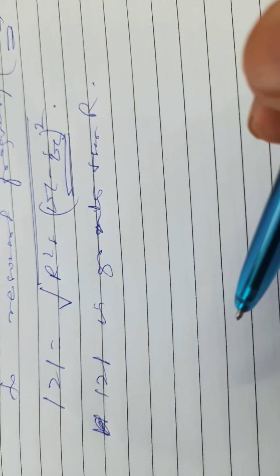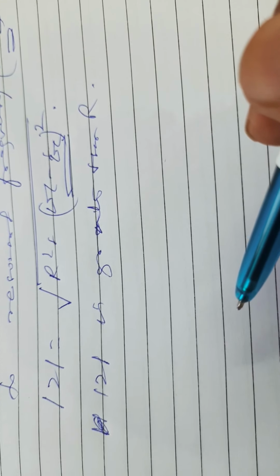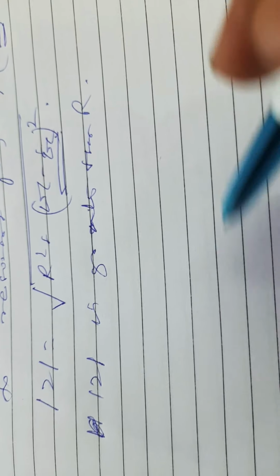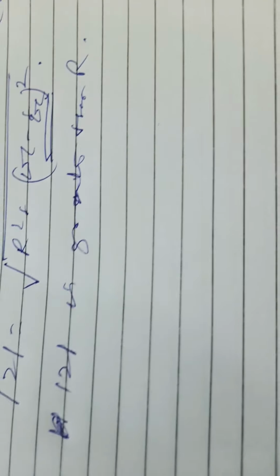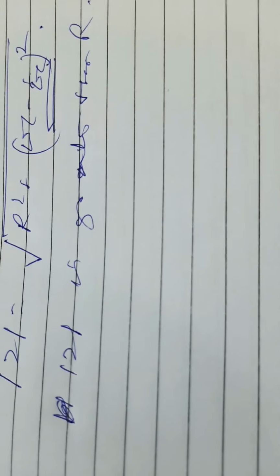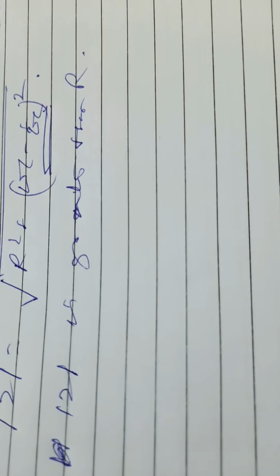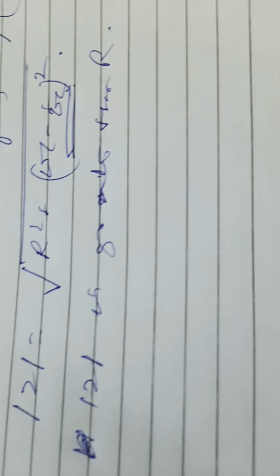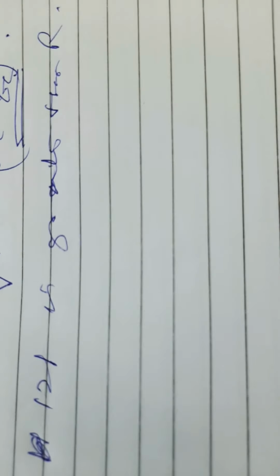The variation of the current I with the angular frequency omega for a series RLC circuit can be shown in a figure.